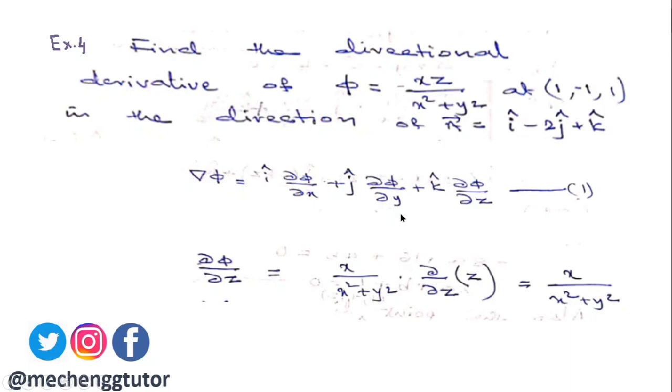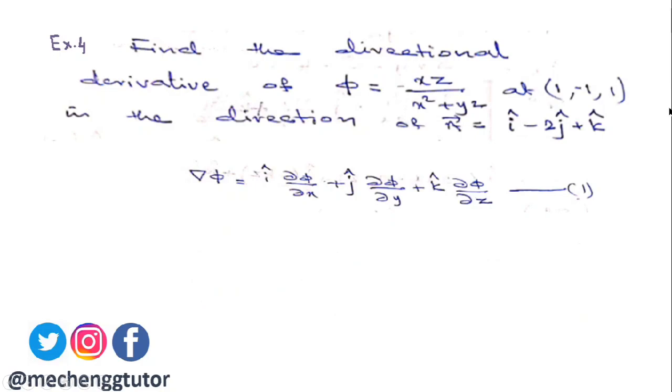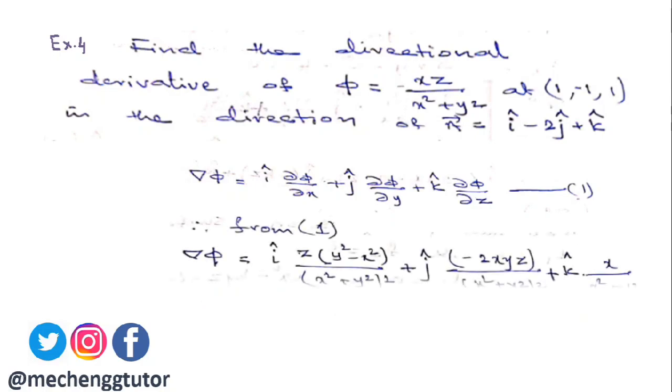Substitute in result number 1, you get del φ. Therefore, from 1, del φ is i into z into (y square minus x square) upon (x square plus y square) the whole square, plus j into minus 2xyz upon (x square plus y square) the whole square, plus k into x upon x square plus y square.